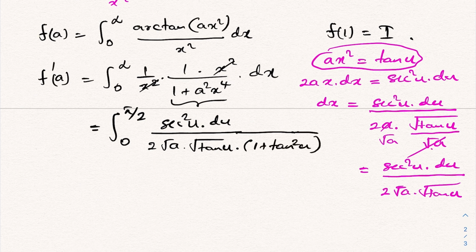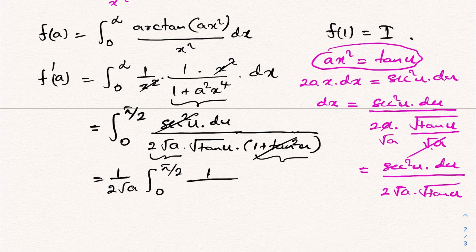Then we know 1 plus tan square of u is equal to secant square of u, so this secant square of u gets cancelled. 2 times the square root of a is a constant. So 2 times the square root of a, integral from 0 to pi over 2, now we have 1 over the square root of tan of u du.